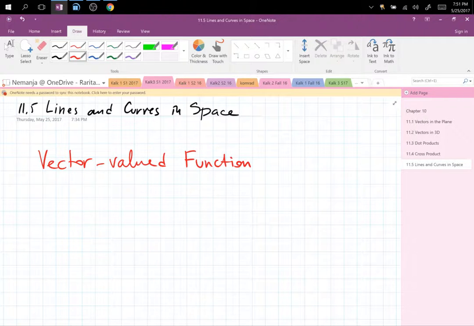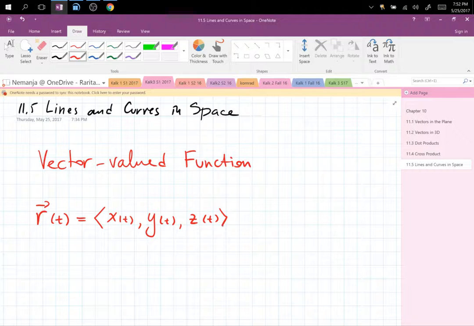And the vector-valued function will have, we are going to use the notation r as a function of time, or a parameter t, and that one is going to be given as x of t, y of t, and z of t.